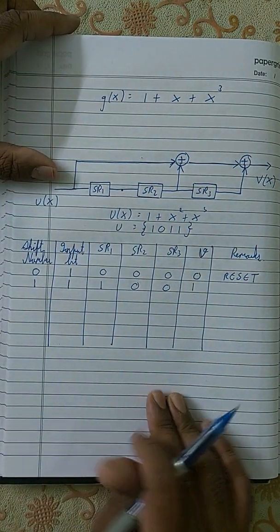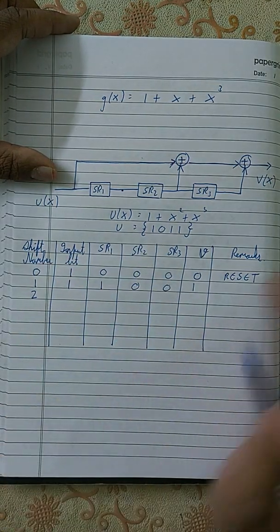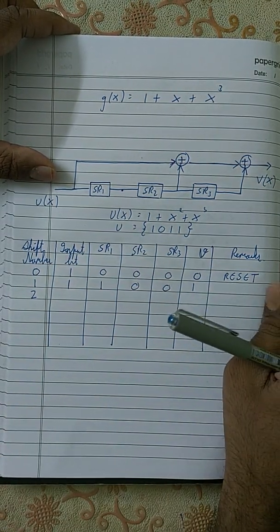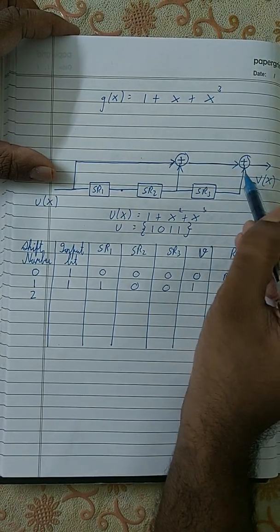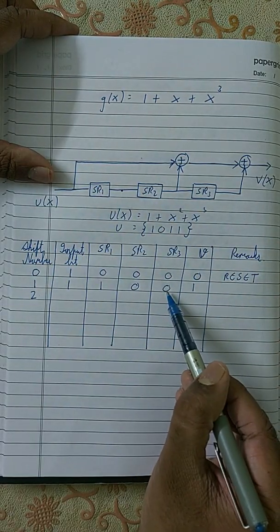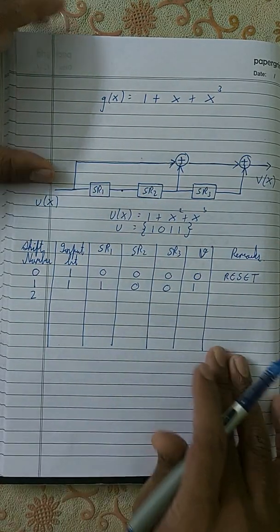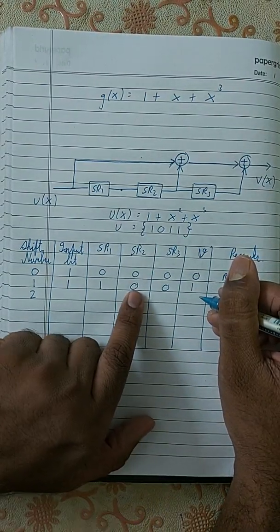This is the operation. Now at the second shift cycle, I'm going to calculate the output by simply adding SR3 plus SR2 plus input bit. What is SR3? 0. SR2 is also 0, and input bit is 1.